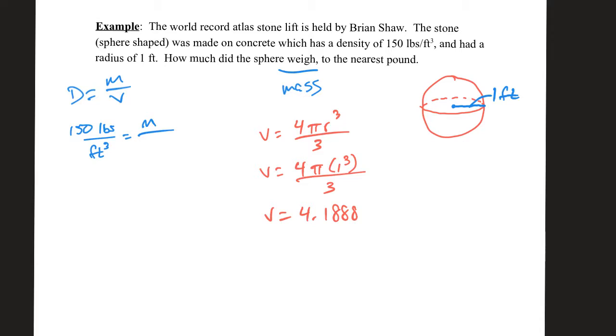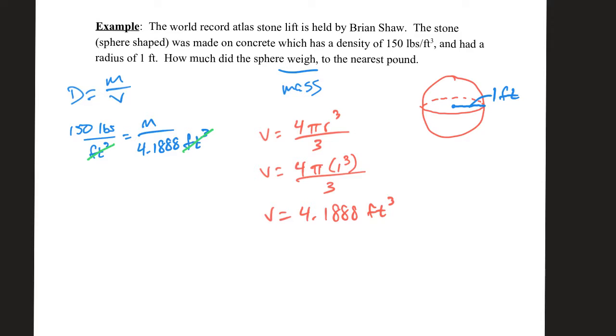Oh, I forgot my units over here in the volume. This is cubic feet. There we go. And we have 4.1888 cubic feet. And then we multiply both sides by the 4.1888. And when we do that, the cubic feet cancel each other out, just leaving us with pounds, which is exactly what we want.